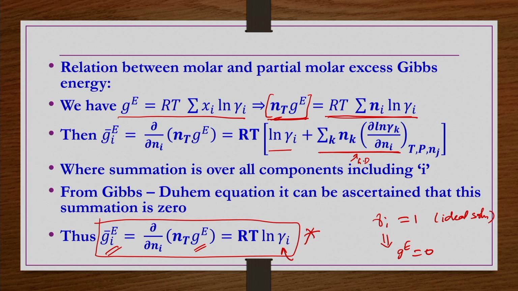If it is an ideal solution, then all the interactions are uniform, the same, so obviously there will not be any excess property, and that should give the excess property as 0.